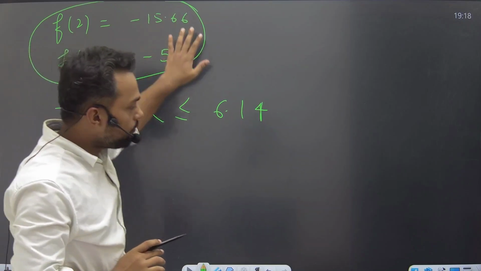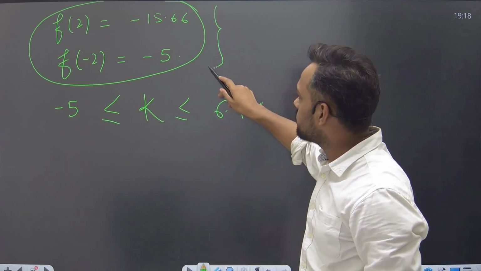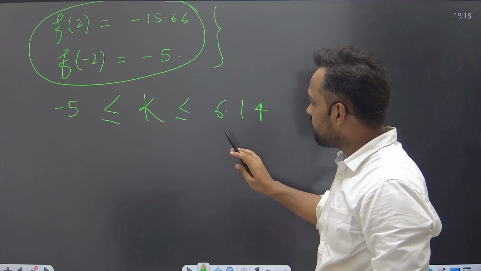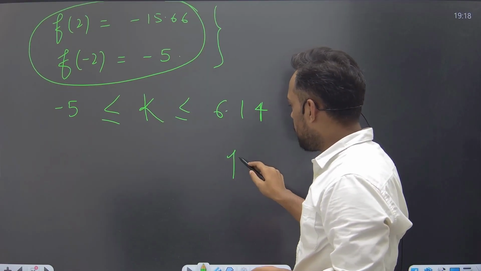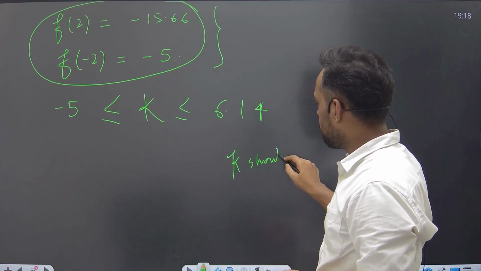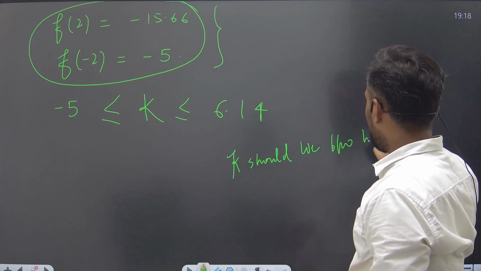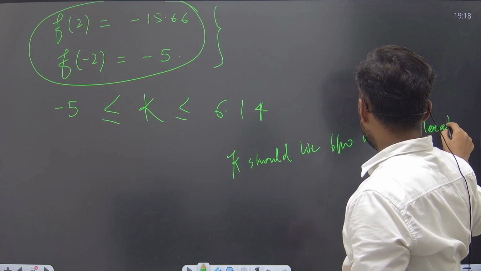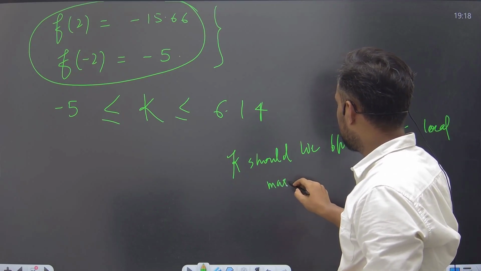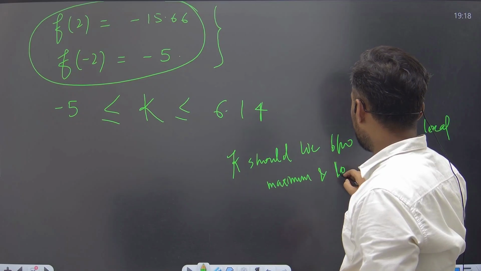In both of these, this is the highest value. So for 4 distinct solutions, k should lie between the highest local minimum and the local maximum.